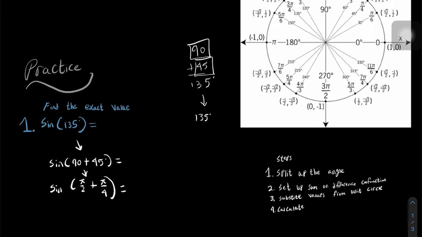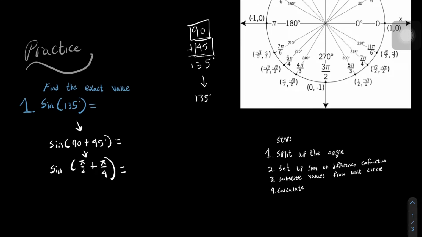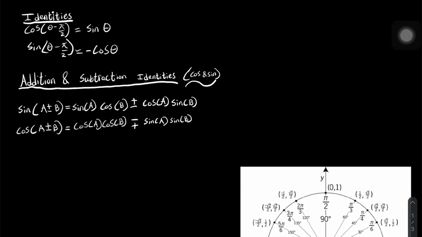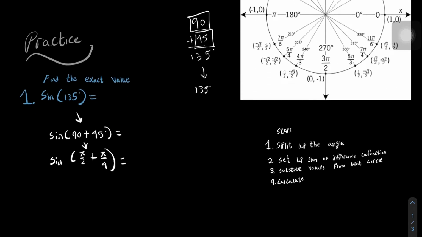Now we want to set up a sum or difference cofunction. Remember, when there's a plus in the parentheses, it's going to be a sum cofunction. Let's go back up and see the base form for the sum sine identity. It says that sine of a plus b equals sine of a times the cosine of b plus cosine of a sine of b. So let's set that up.